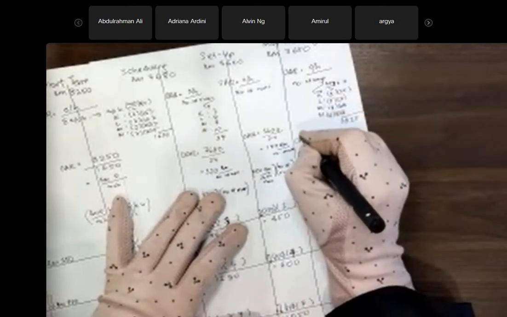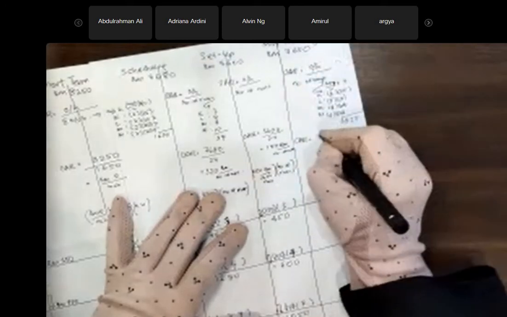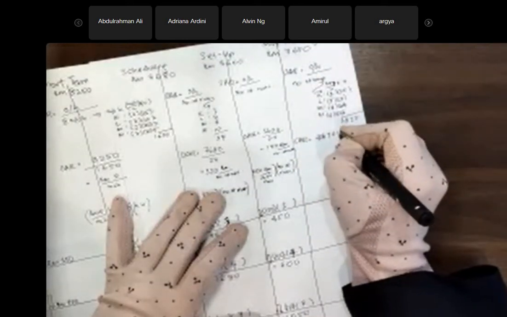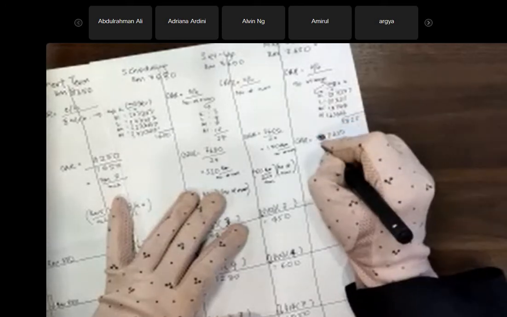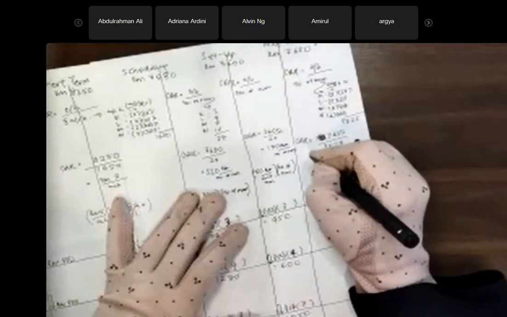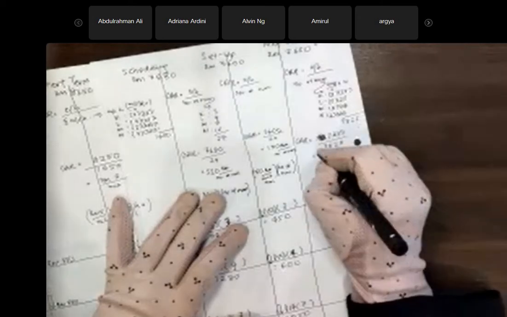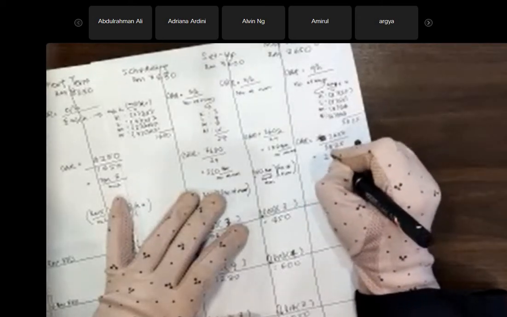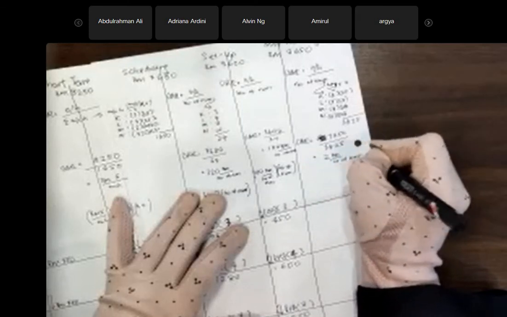So the OAR is 7650 divided by 3825. You will get 2 ringgit, 2 RM per number of components.